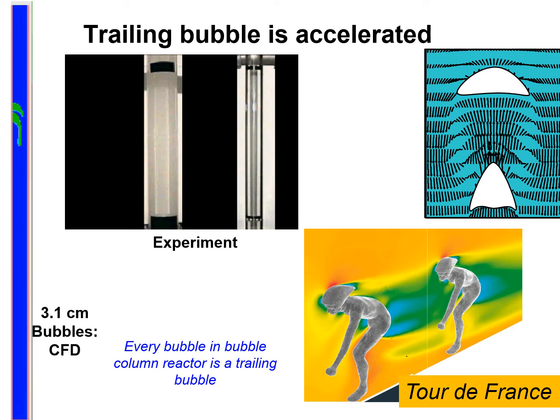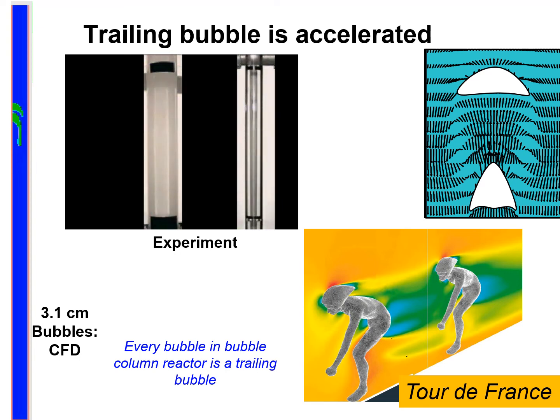Now, these are computational fluid dynamics simulations. Let's see if experiments show the same. I do experiments in two different columns, two different diameters. In each case, we have two bubbles of the same diameter placed one below the other. Let's have a look.